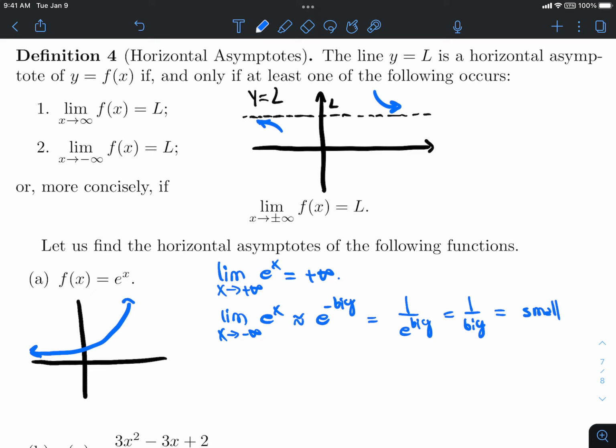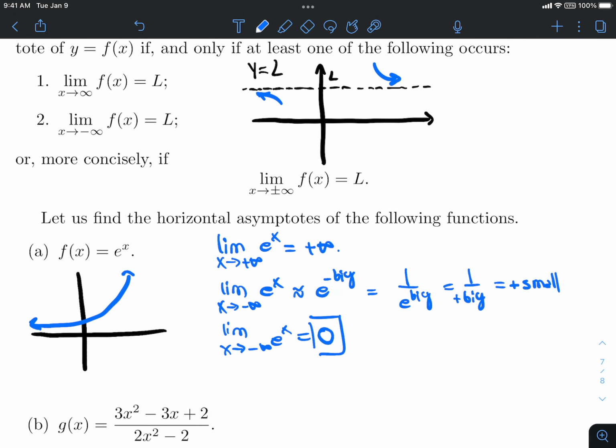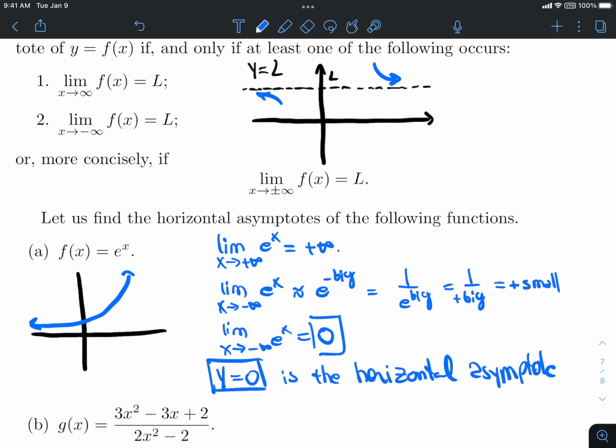And as an observation, e to any power is going to be positive, right? Because you're multiplying e by itself, so that's positive, which means this is also positive. But it doesn't matter. What matters is that the limit when x goes to minus infinity of e to the x equals 0. So y equals 0 is the only horizontal asymptote, which again agrees with what we know about the graph.